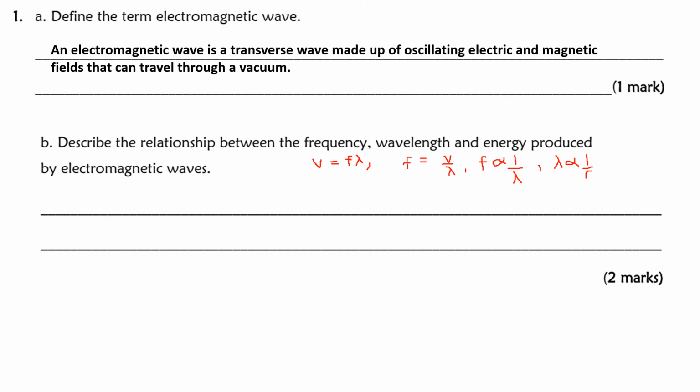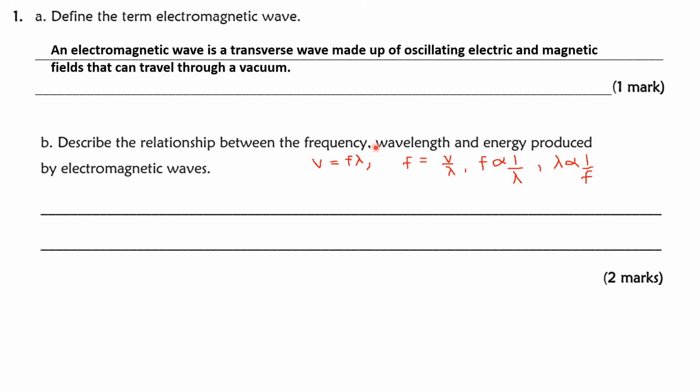So what this relationship means is that if we increase frequency, then wavelength decreases. The higher the frequency of the wave, the smaller the wavelength of that wave. So that's relationship number one, relating frequency and wavelength.